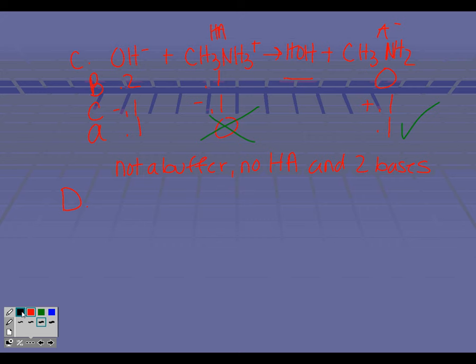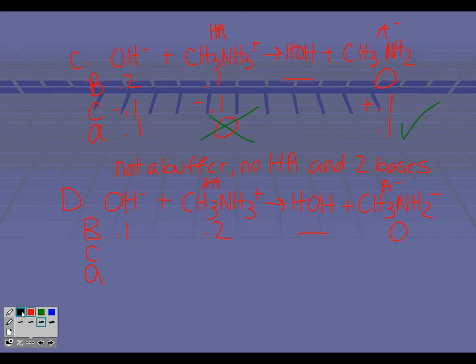Working off that same equation again. Here's our HA. There's our A minus. Adding a strong component, so it has to be BCA. This time we're starting with 0.1 of our strong base, 0.2 of our weak acid, and don't care about water, and none of our conjugate base.